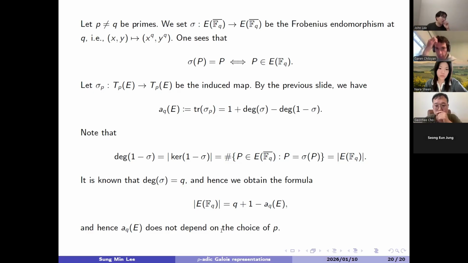And as I mentioned earlier, a_q(E) does not depend on the choice of P. This is basically a foundation of any kind of study on the size of the reduction of an elliptic curve. Whenever I'm studying how the size is distributed, I just need to study the Frobenius trace, because the size of that reduction only depends on the q I chose and the Frobenius trace at that level.